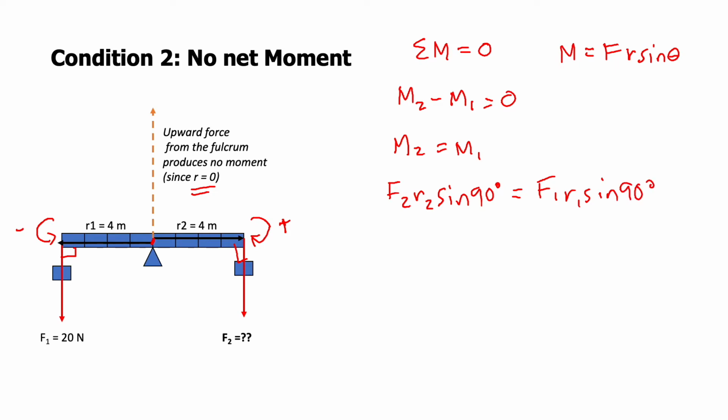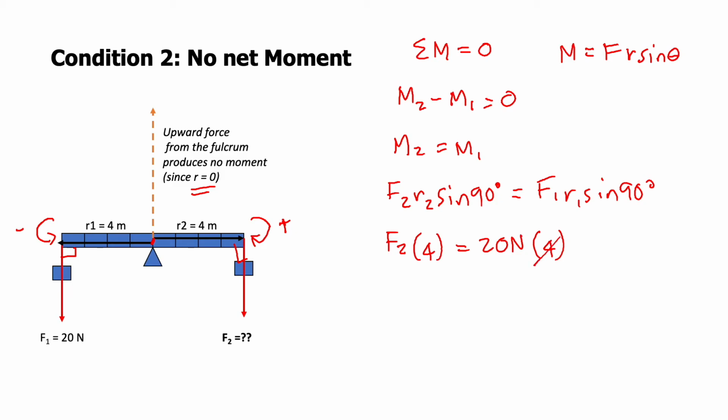Since sine of 90 is 1, we can have this. So F2 times R2, which is 4, so 4 times 1, is equal to F1, which is 20 newtons, times 4.